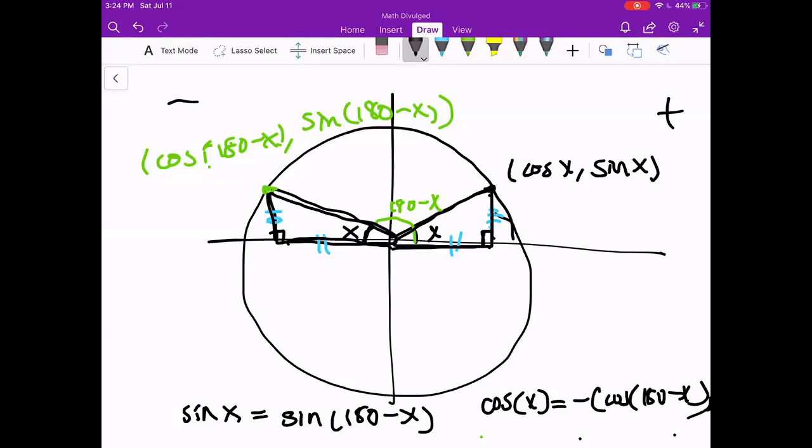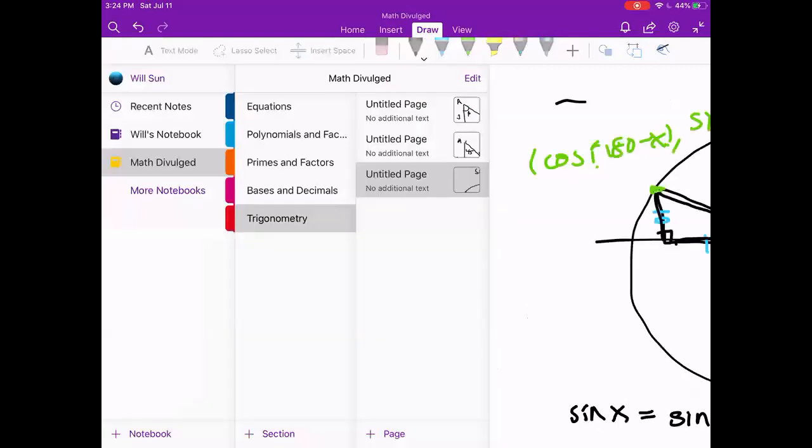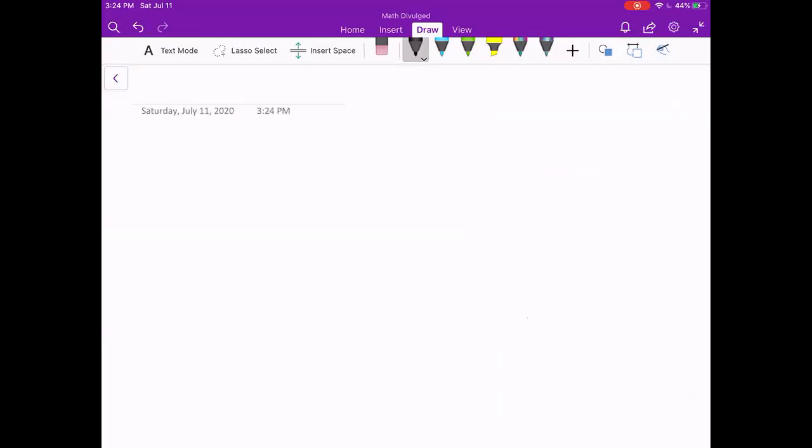So let me move on and let me introduce three more trig functions. And these are going to be secant, cosecant, and cotangent. So we have cosecant, which is denoted CSC.